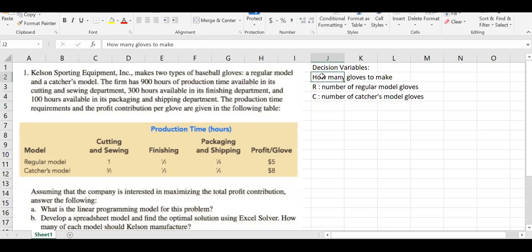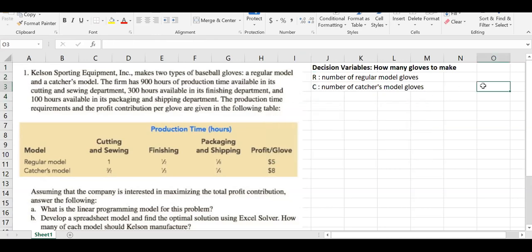Those are our decision variables. It's a simple problem, only two products, two decision variables. Next step, objective function.